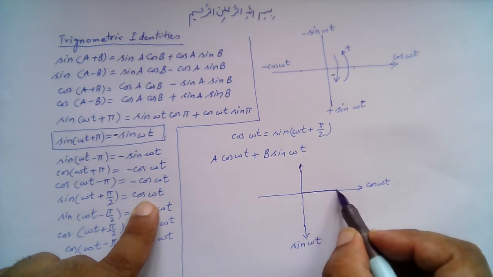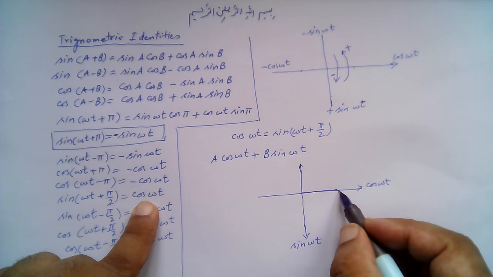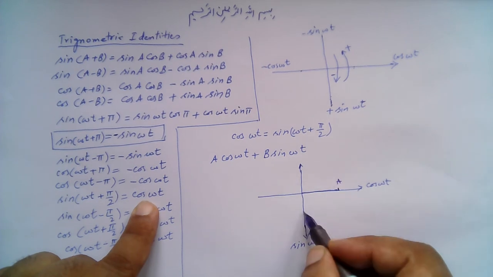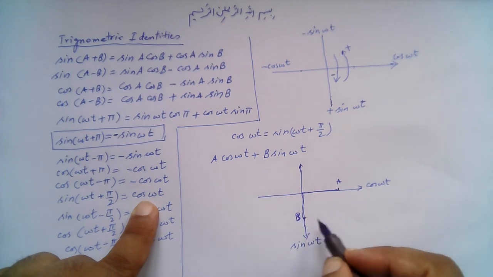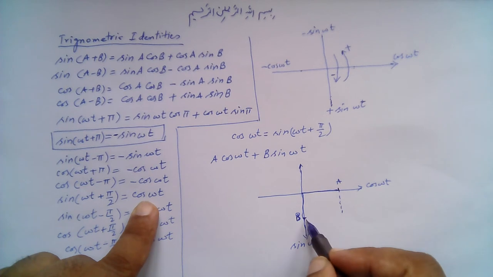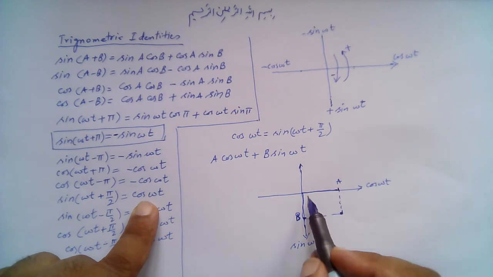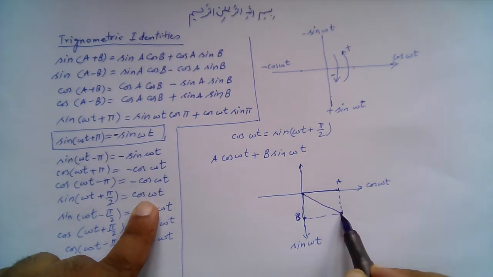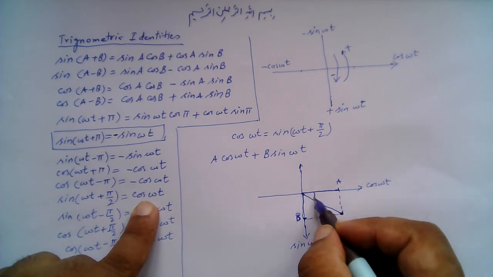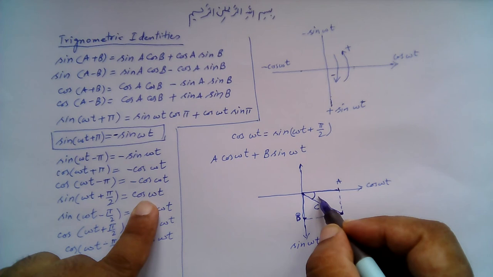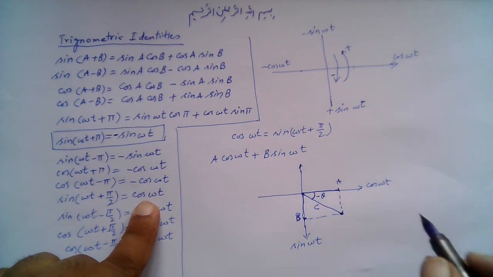So the a is along cos omega t, so this is a here, for example, and this is b sine omega t, so this is b here, and the resultant will be this here. Let's call this c, and this makes an angle theta here. This is actually minus theta here, right?